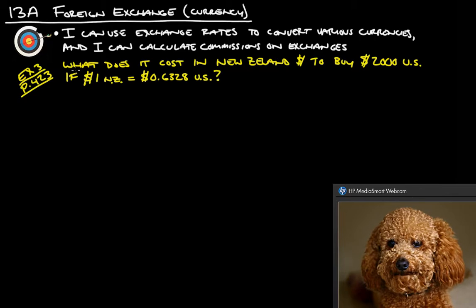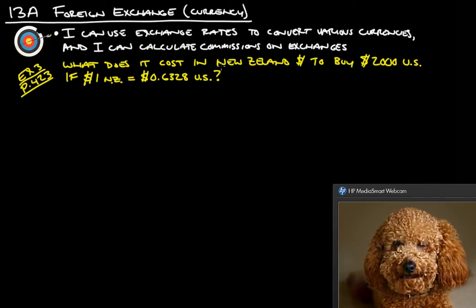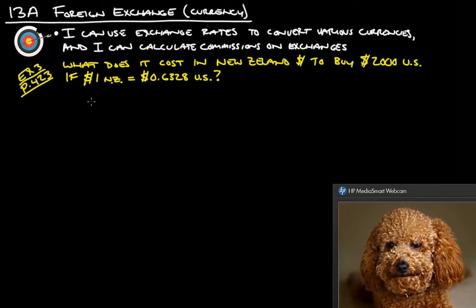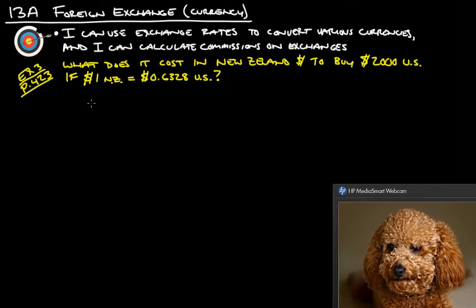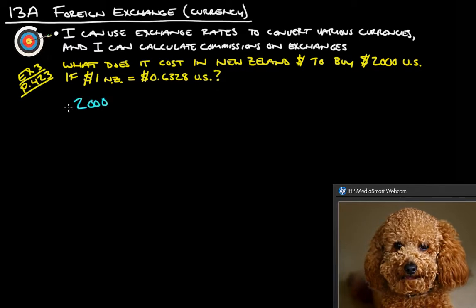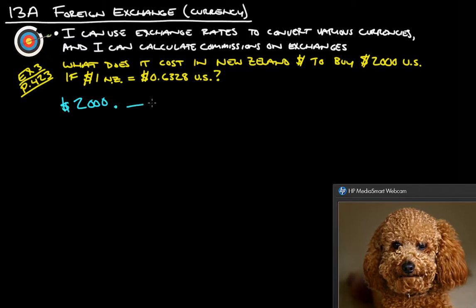So, example 3, page 423. What does it cost in New Zealand dollars to buy 2,000 US dollars if 1 New Zealand dollar equals 0.6328 US dollars? Again, similar idea to the last one. Let's set up our good old stoichiometry. 2,000 US dollars is what we start with, and we're going to turn that into New Zealand dollars.